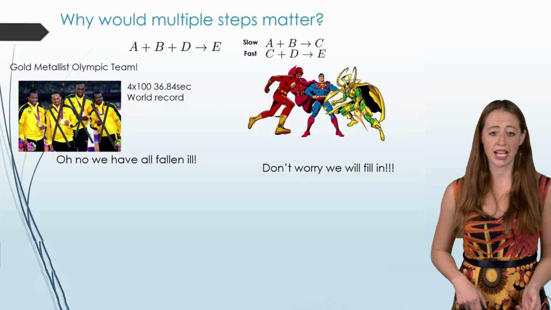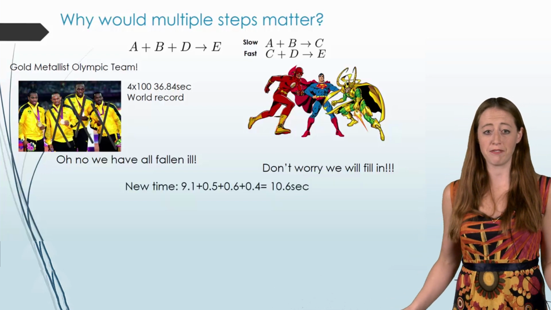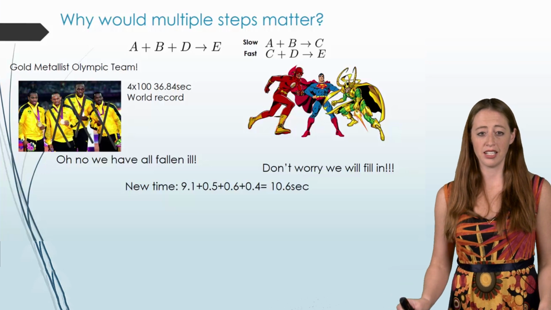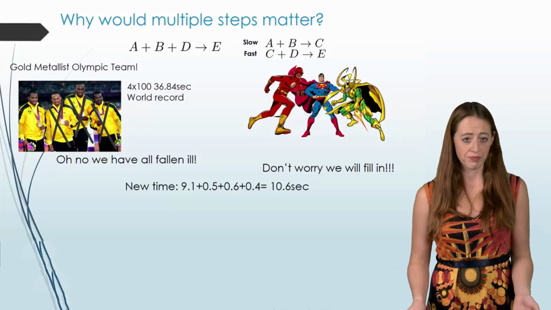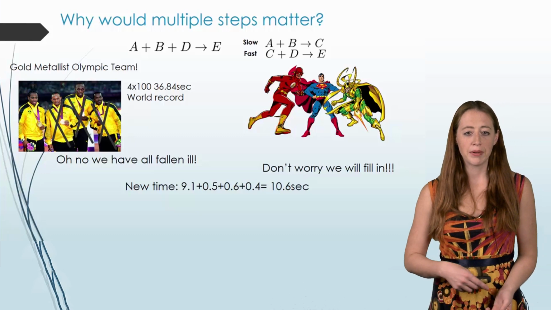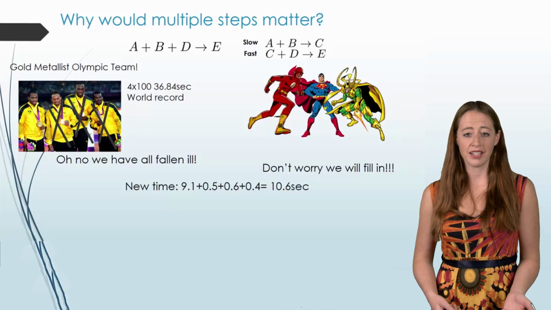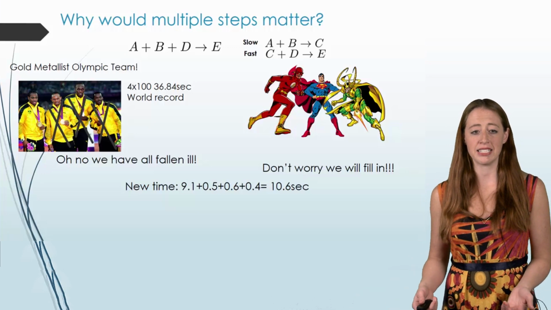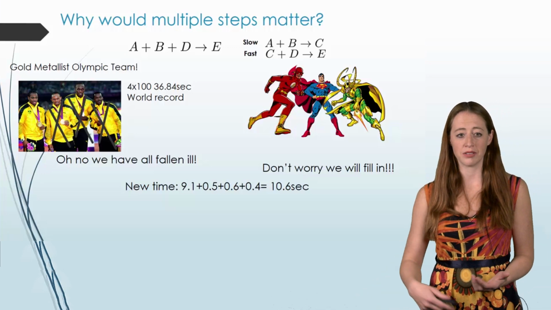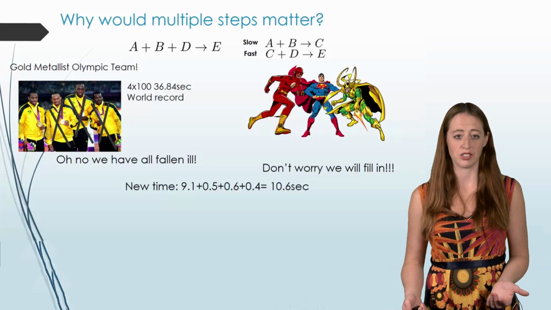So we look at the new time, and our first really fast by human standards Olympic medal holder runs his 9.1 seconds. But the superheroes now are so much faster that they hardly took up any time. They're sitting there waiting around for one of our fastest humans to handle the situation.